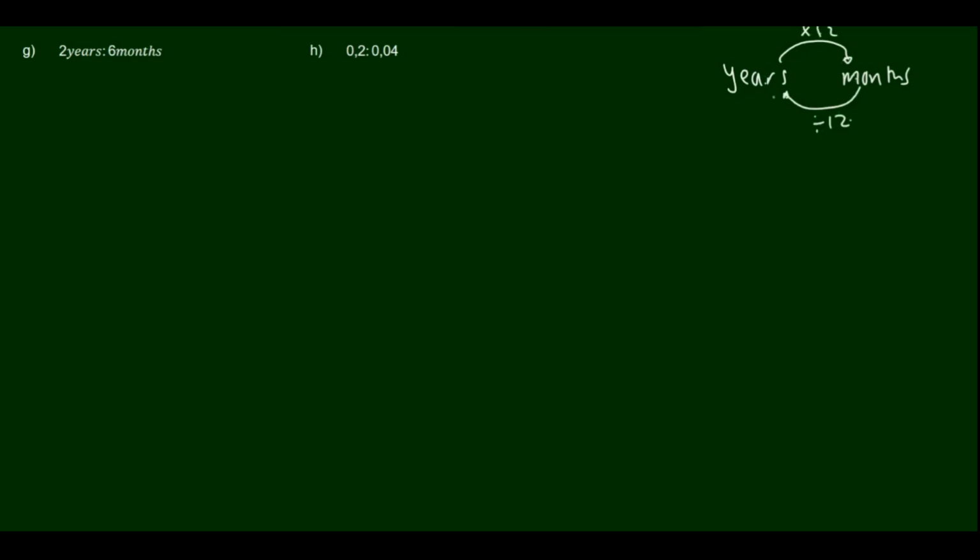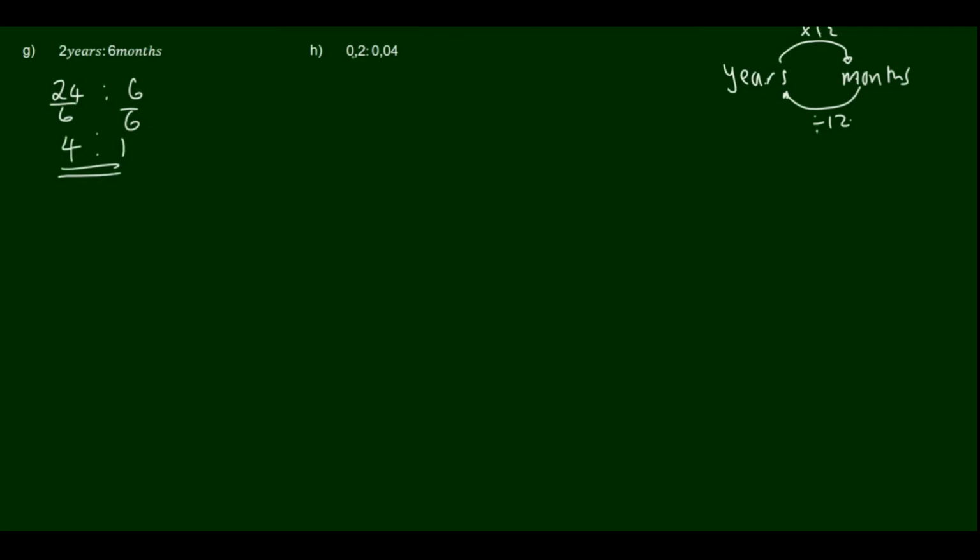From a smaller unit to a bigger unit, you divide. So 2 times 12 is 24. This is 24 months is to 6 months. The highest common factor here is 6, so you divide by 6. 24 divided by 6 is 4. Then 6 divided by 6 is 1. So the ratio is 4 is to 1.